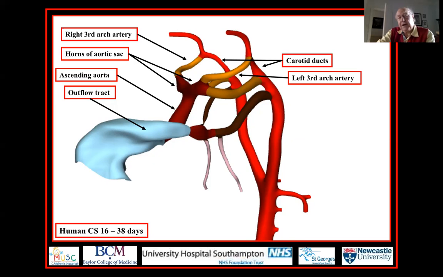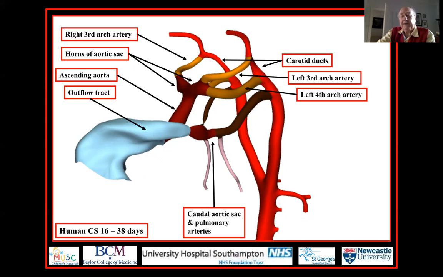But on the left side, we still see the parallel arrangements of the left third, left fourth arch arteries, and still we see that arising from the caudal part of the aortic sac, we have the right and left pulmonary arteries. But now look what is happening to the pulmonary arch arteries, because now the left pulmonary arch artery is becoming dominant.